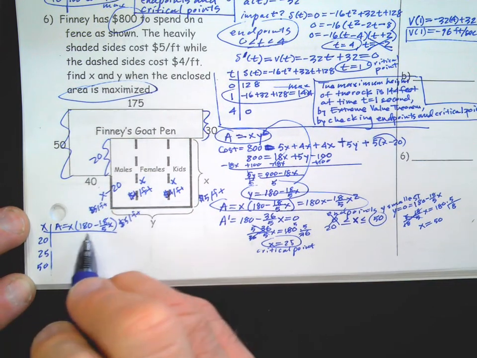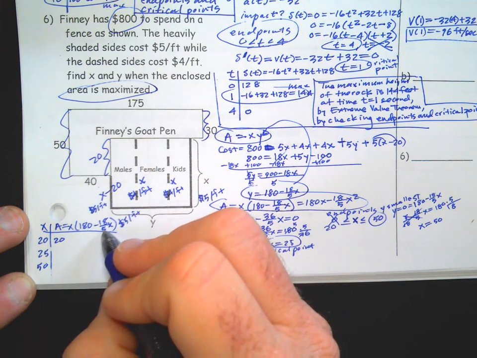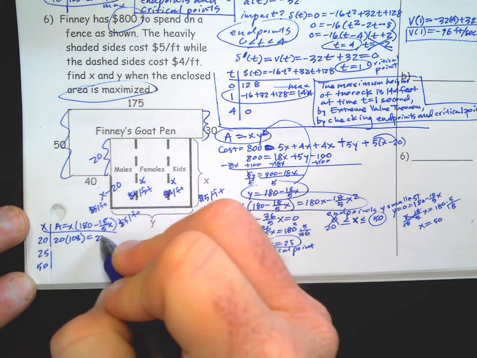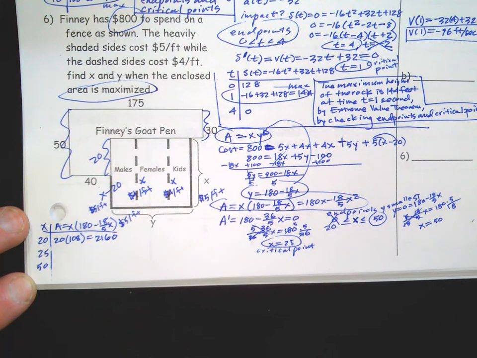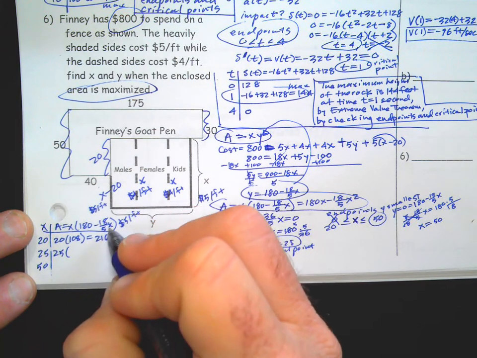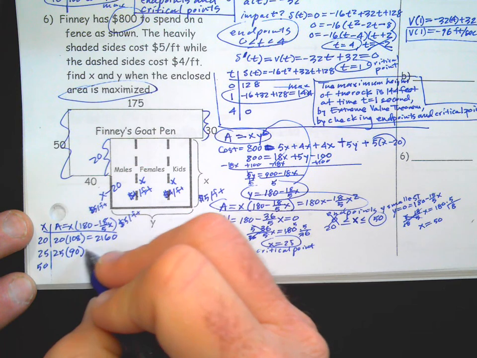So you plug 20 in, it's going to be 20 times 20 years, it's going to be 4 times that is 72. So that's going to be 108. So that's going to be 216 with the 0 on the end of it. And then 25, it's going to be 5 times that, which is going to be 90. So that's going to be 90.